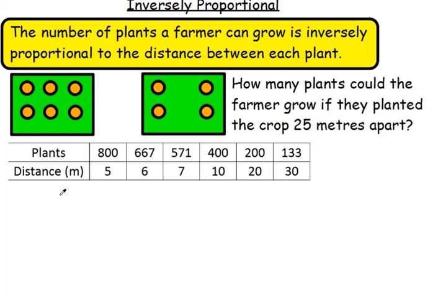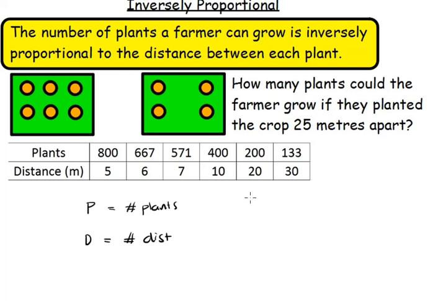But the annoying thing is, how do you write the notation for this? Let's say P is the number of plants that you're going to plant, and D is the distance between them, and the distance could be in meters. Now we've just established that these two variables are inversely proportional, that one is the inverse proportion of the other.